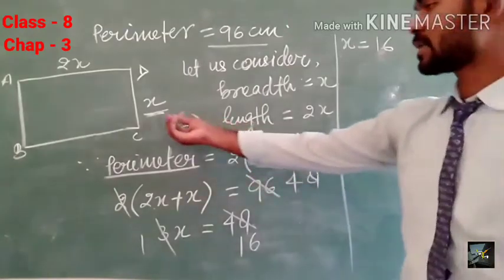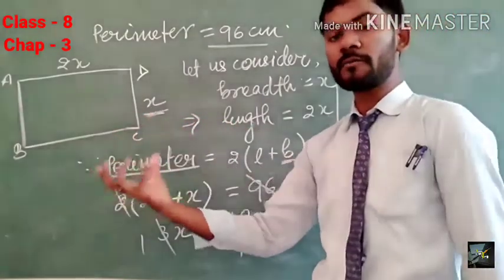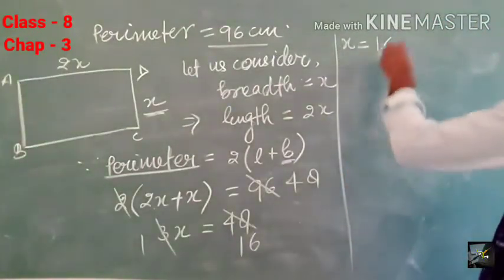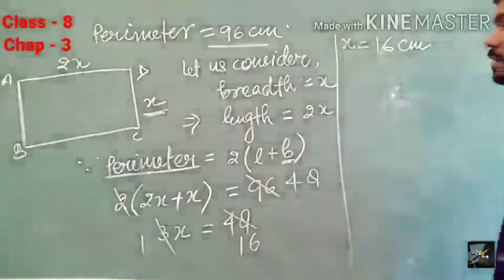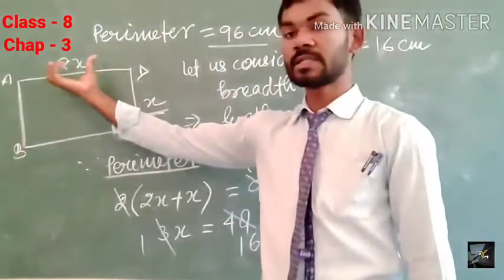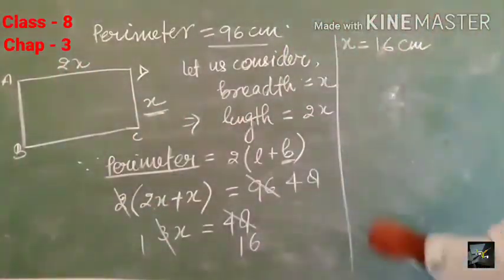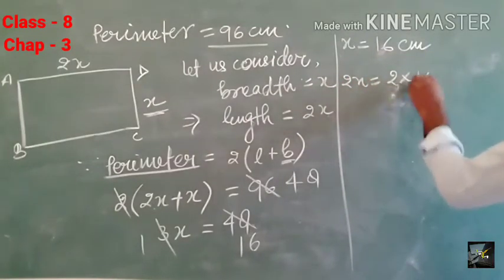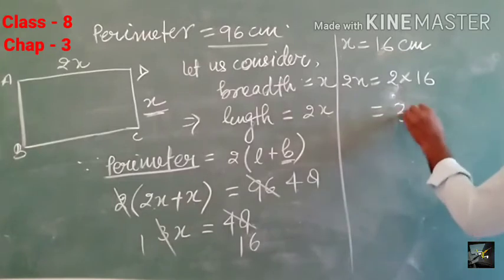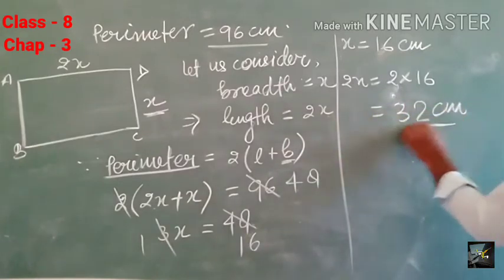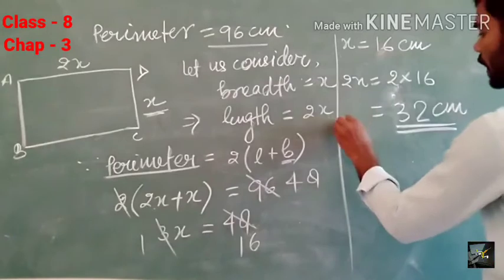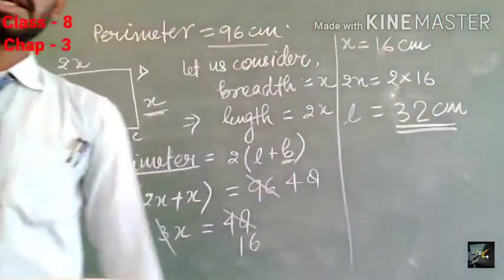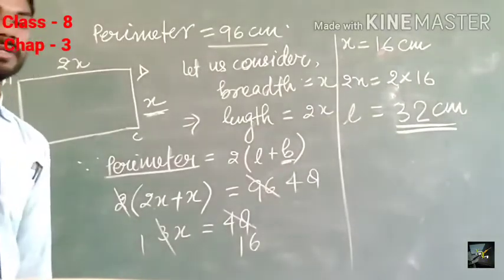Since here x is considered as the breadth of the rectangle, the breadth of the rectangle is 16 centimeters, and the length is 2x, that is 2 multiplied by 16, which is equal to 32 centimeters. Therefore, the length of the rectangle is 32 centimeters and the breadth is 16 centimeters.